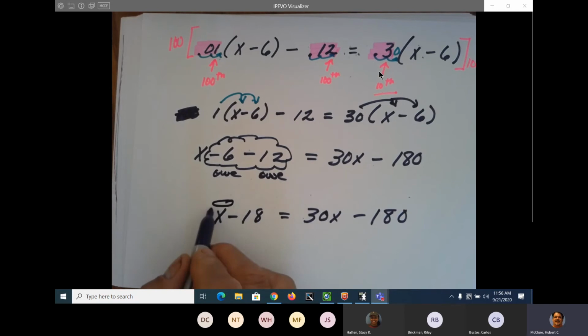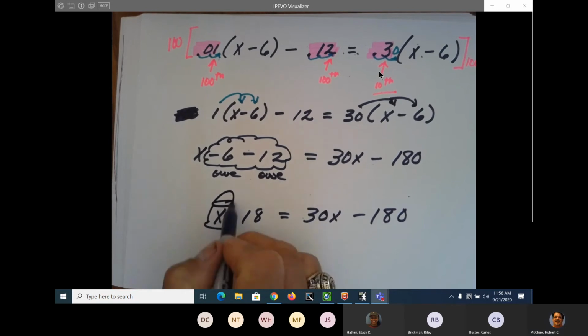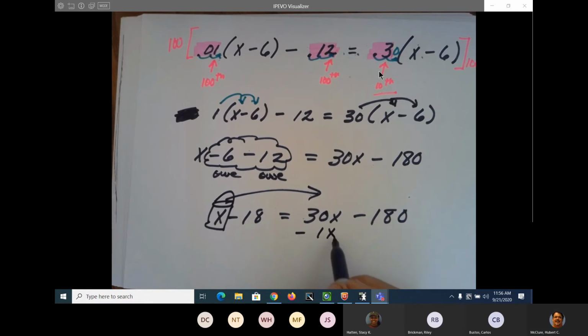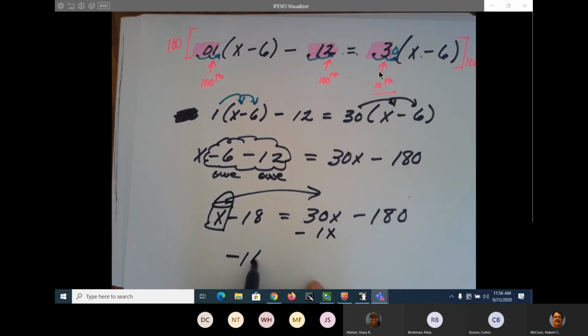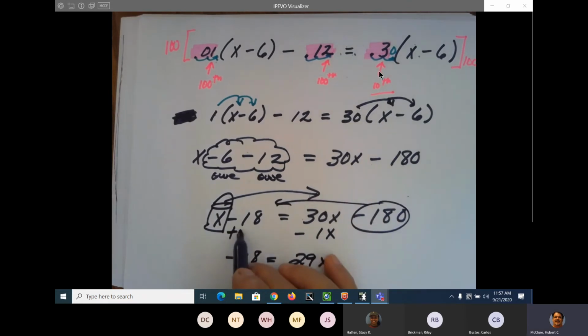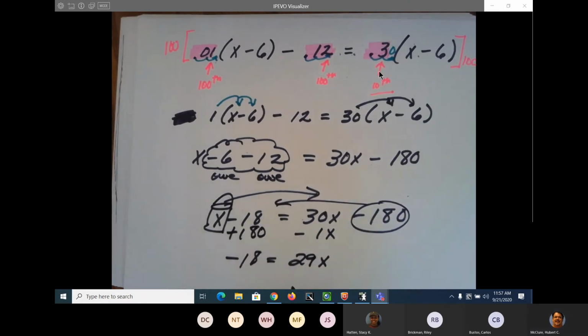Thank you, class. So it goes across the river. 180 goes across the river. And negative 18 minus 180 is what, 162?